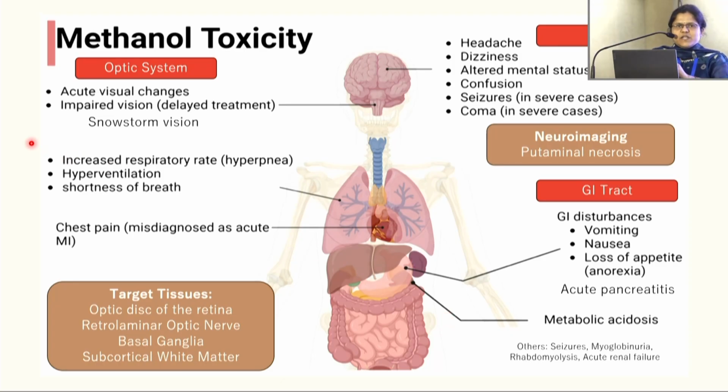In the optic system, you will have acute vision changes, impaired vision, snowstorm vision, that is blurry vision. In the CNS, patients can have headache, dizziness, altered mental status, slurring of speech, nystagmus, ataxia, confusion, and in severe cases, seizures and coma. The specific target tissues are the optic disc of the retina, retrolaminar optic nerve, basal ganglia, and subcortical white matter.